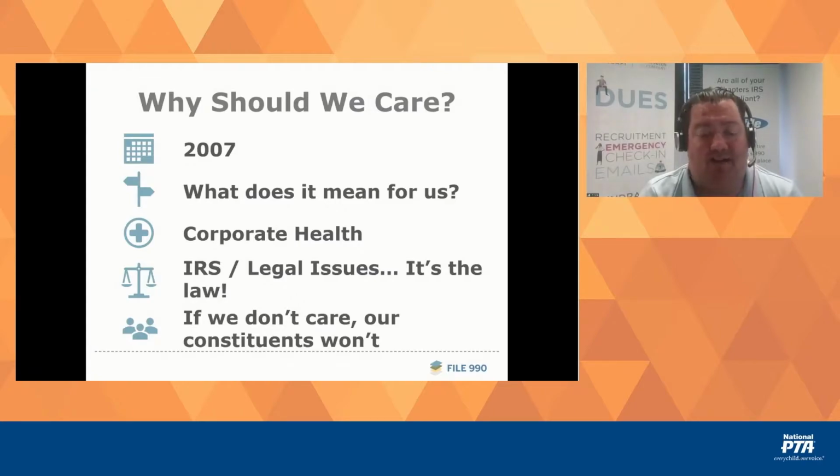Now I should probably go back a step, because there is sometimes confusion between nonprofit organizations and tax exempt. Tax exempt really is handled state to state, but a nonprofit, not-for-profit organization is a national designation given by the IRS. What that really means is that income received from its members is not taxed.